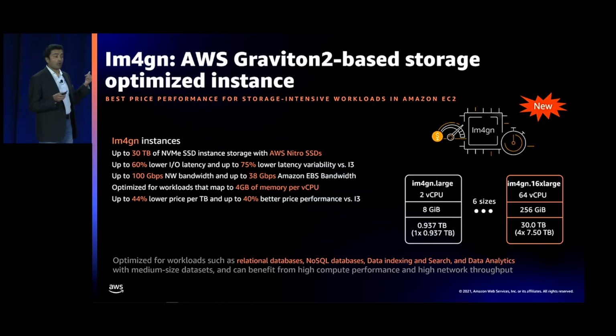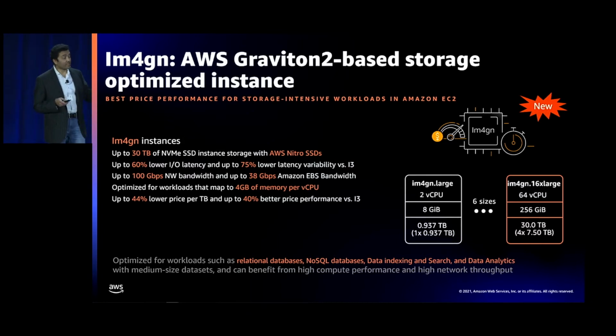IM4GN is more comparable to the i3 instance or the upcoming i4i instance, delivering up to 40% better price performance and up to 44% lower dollar per terabyte compared to the i3 instances. These instances pack in 30 terabytes of Nitro SSD and enable up to 100 gigabit of network throughput.